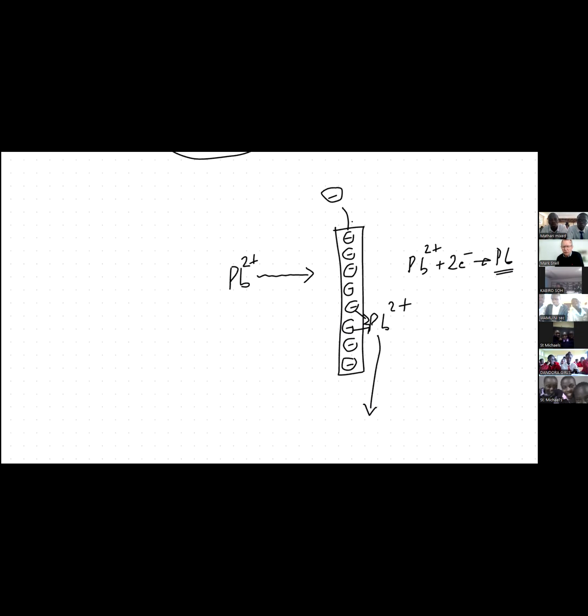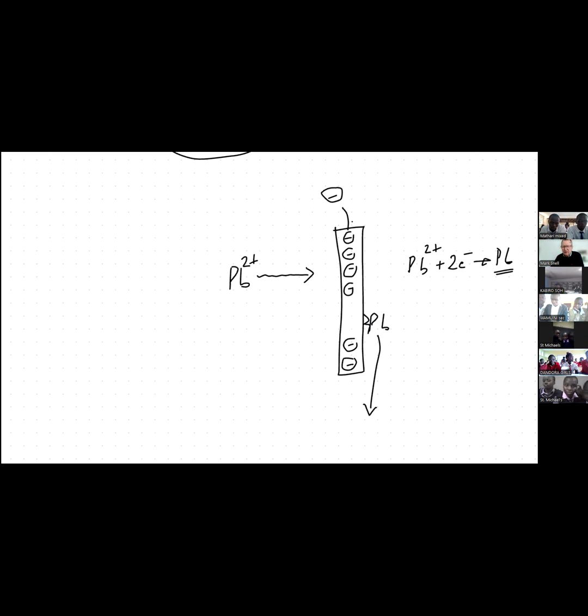As those two go, let's just get rid of those two, and that one, okay, they've gone. The lead has lost its charge, so now it can fall down to the bottom.